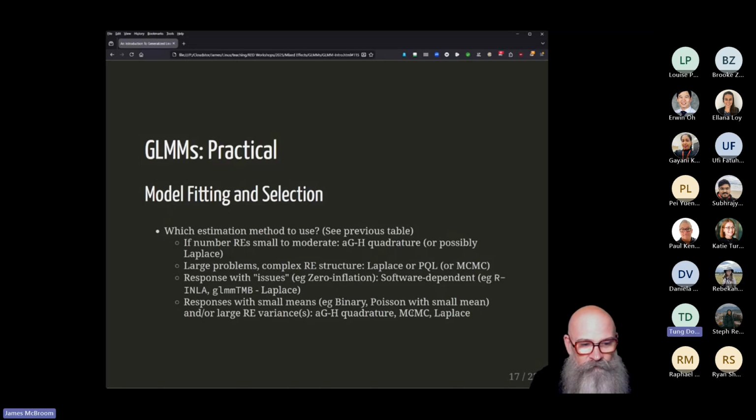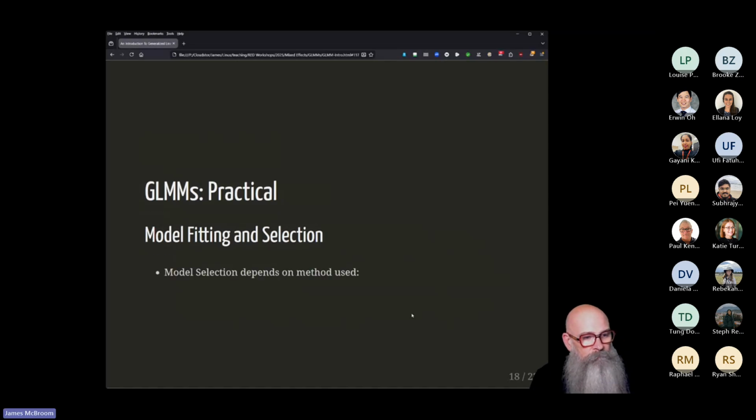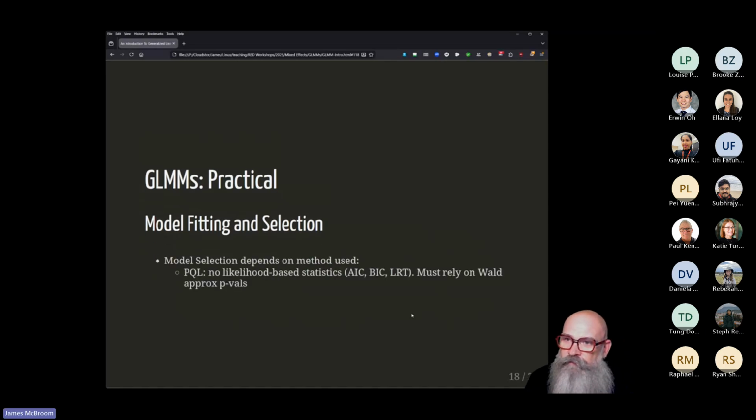If you're in a situation where you've got responses with small means or random effects with large variance parameters, then don't use PQL. Use anything but. Okay, model selection depends on the method you use as well. So if you're using PQL, you're out of luck. With model selection, you might as well just toss a coin and hope, right?